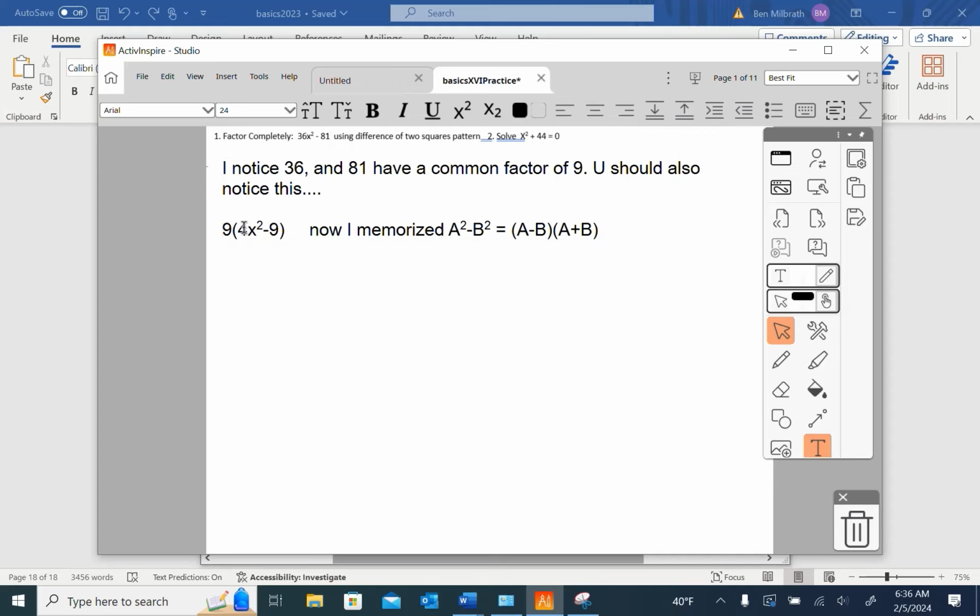If you think about what it takes to square to become 4x squared, a is 2x, because 2x times 2x is 4x to the second. B is 3 because, and I've used this wording with y'all before, 3 times 3 is 9. So we already have this 9 out front that leads. It's going to stick around. It's not dropped. And if A is 2x and B is 3, the complete factorization is 9 times 2x minus 3 times 2x plus 3 because I memorized patterns.